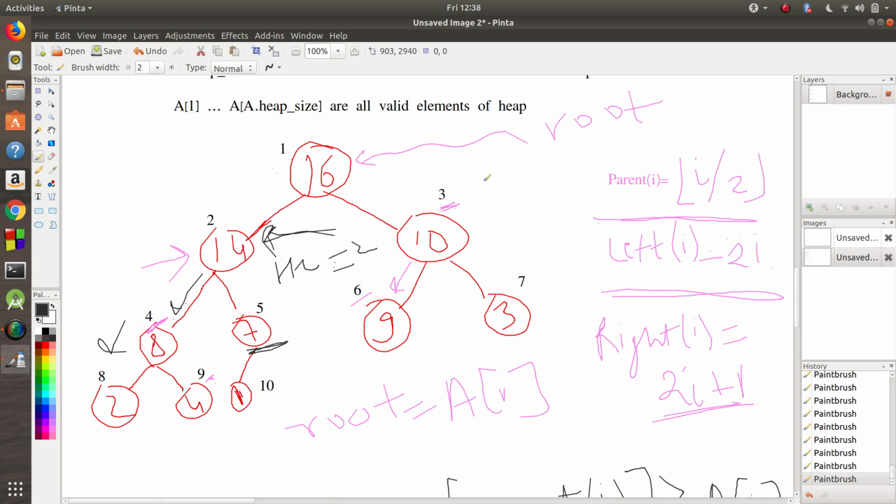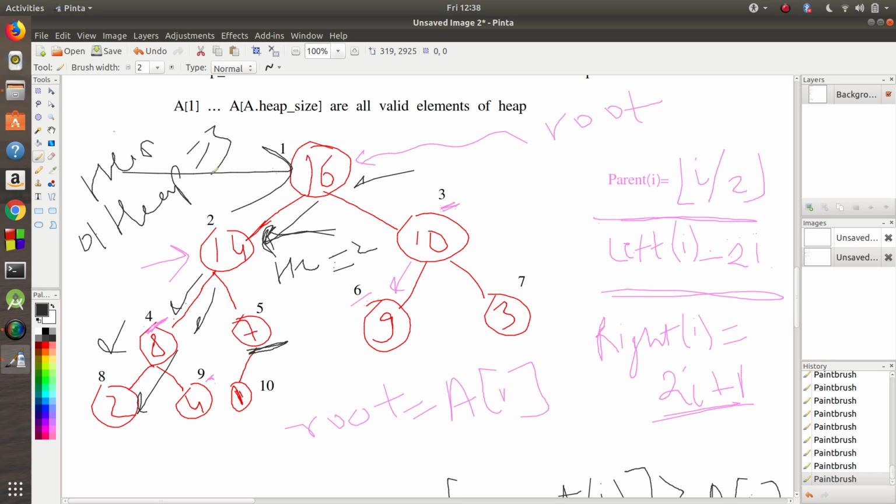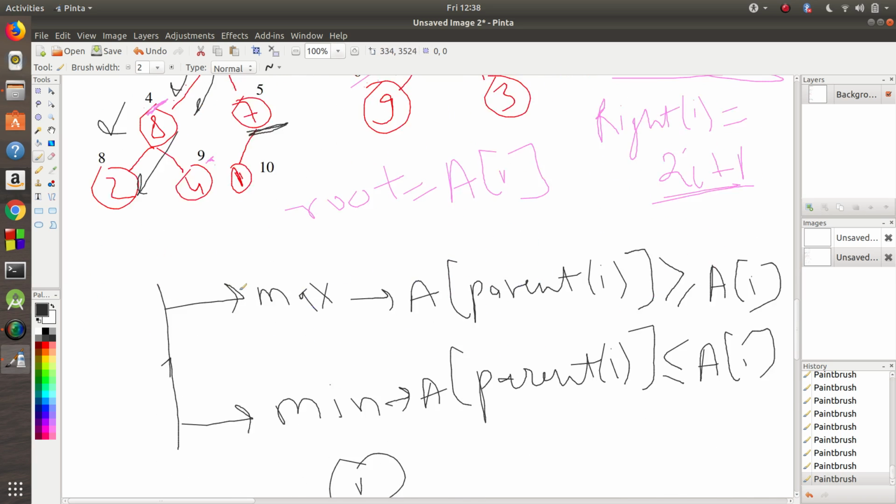We would be looking at this node, what is the height of this node. So the height is 1, 2, 3. So the height of the heap is 3 in this example. Okay, so that's great.